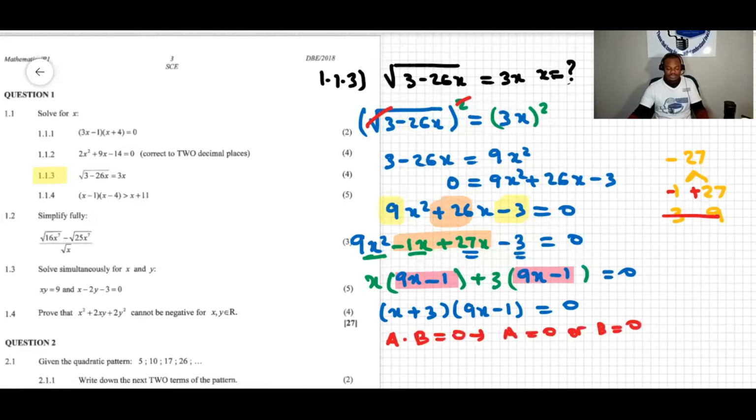So we do x plus 3 equal to 0 or 9x minus 1 equal to 0. That means x is equal to -3 or 9x equal to 1.